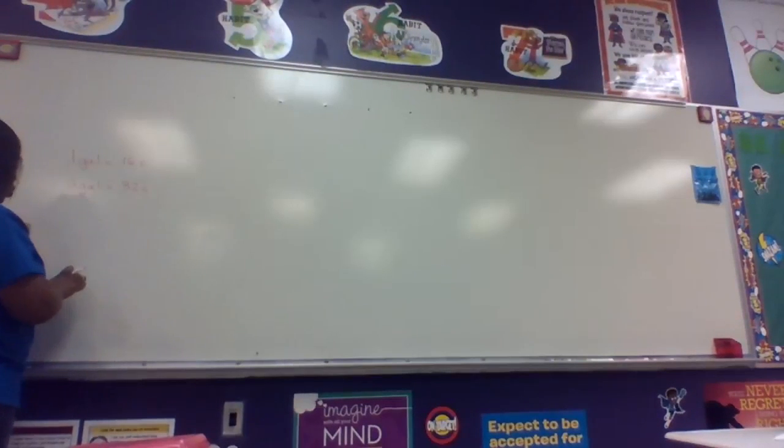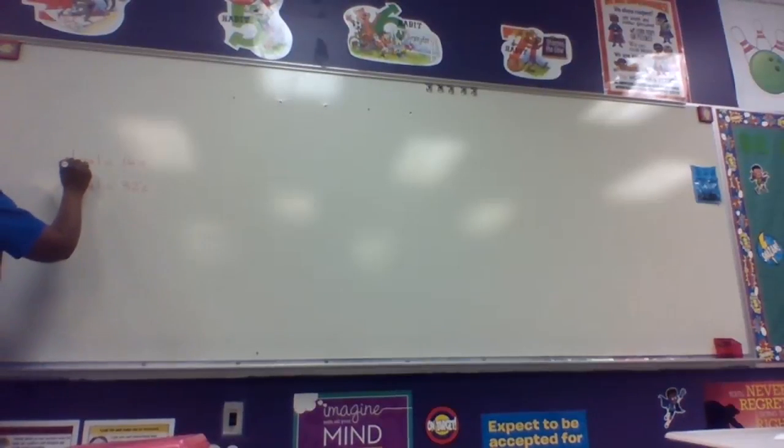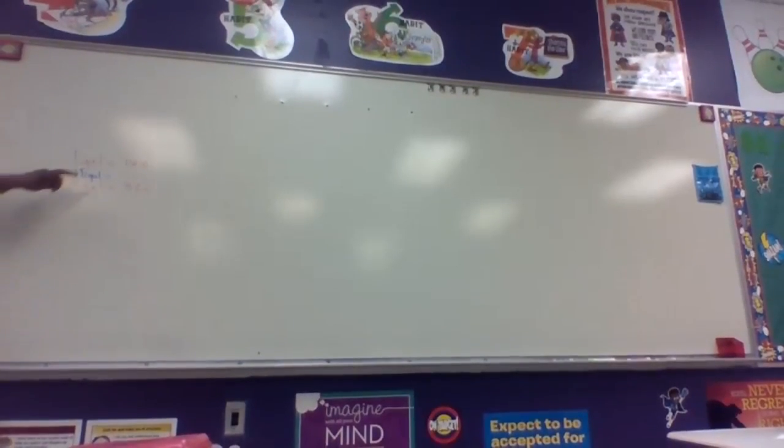But what do we want to know? 1.5, right? So that means 1.5 has to be in between 16 and 32, right?